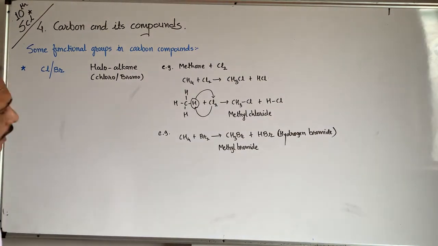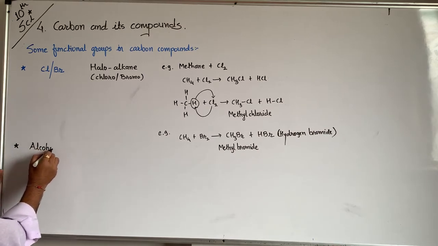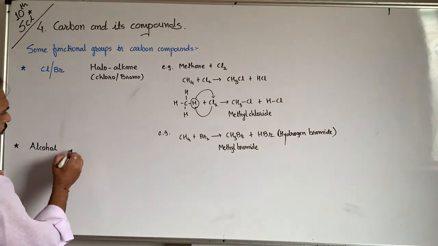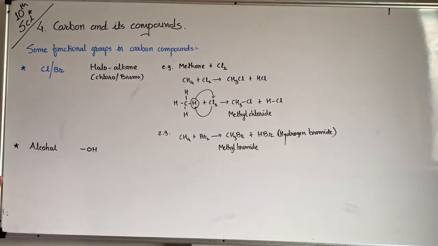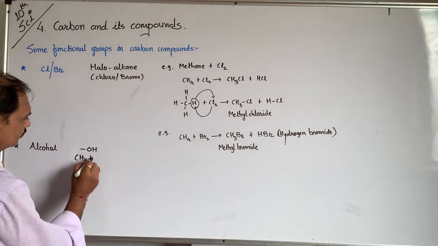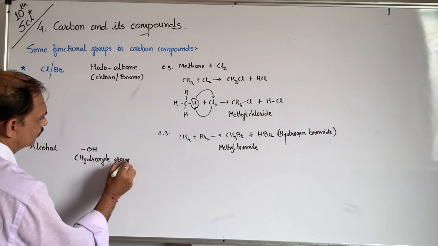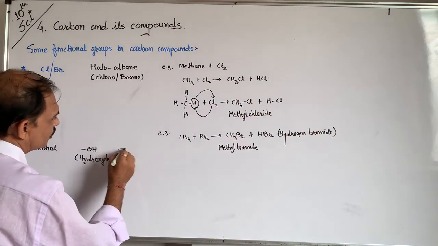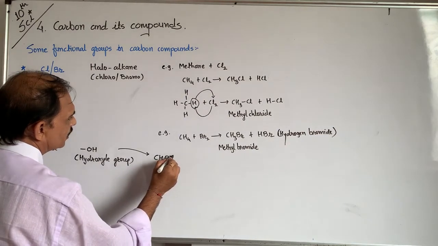Another is with the help of oxygen, which we call the alcohol group. The functional group of alcohol is OH, known as the hydroxyl group. CH4 forms what? CH3OH.